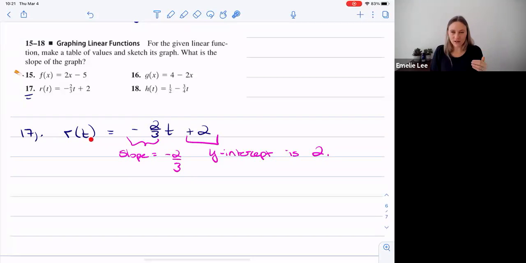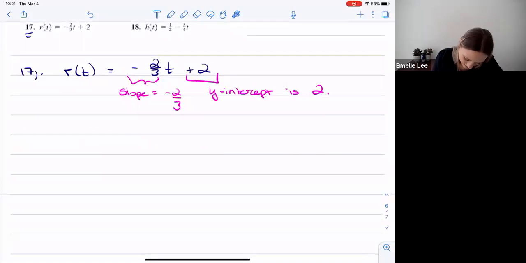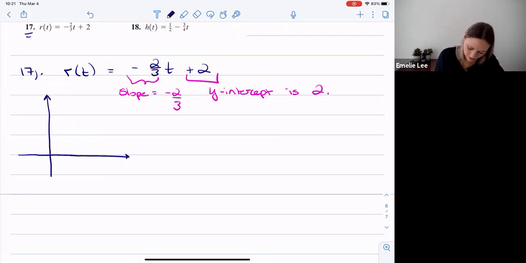You can put in any value of t. You just want to make sure that you pick one. If you're given a grid, for example, you want to pick a value of t and input that you have on your grid, otherwise it's hard to draw. So I'll first draw a quick grid here.